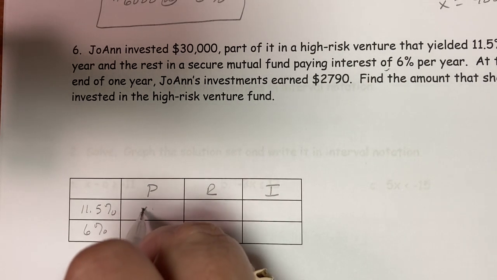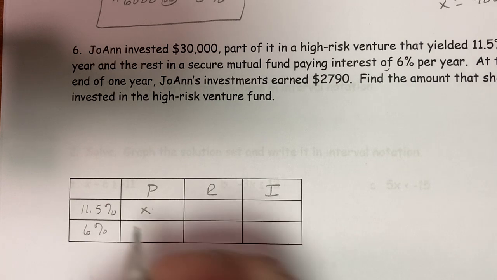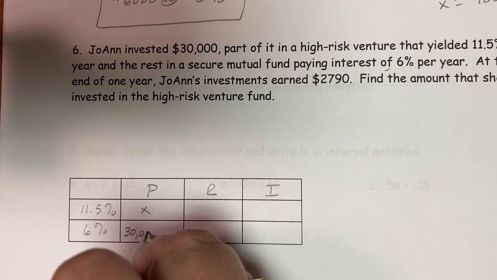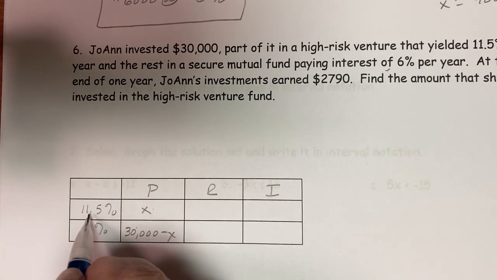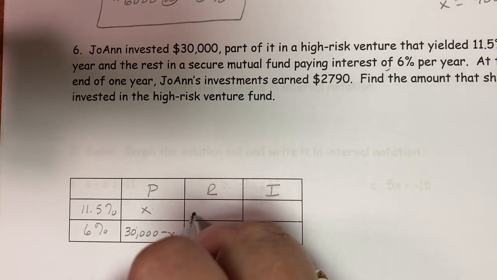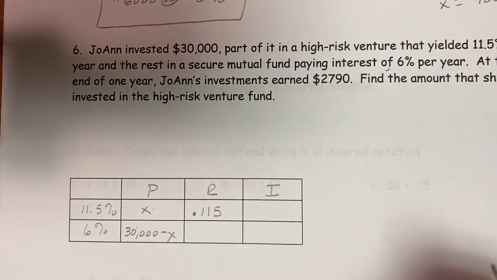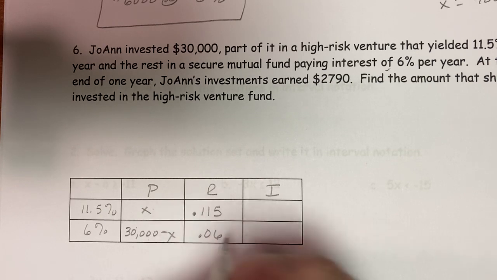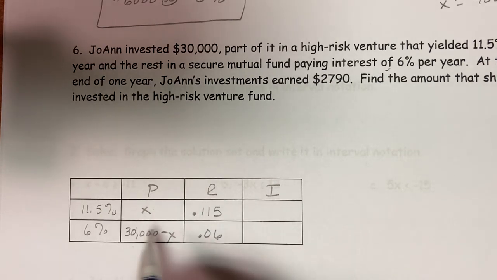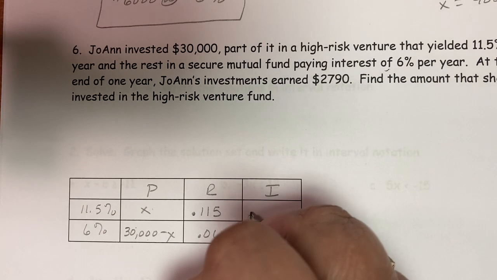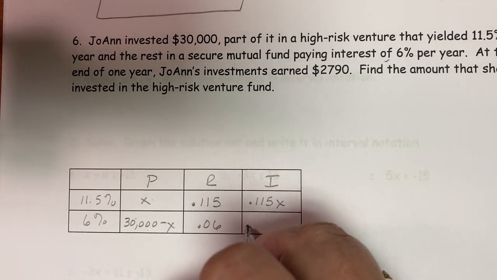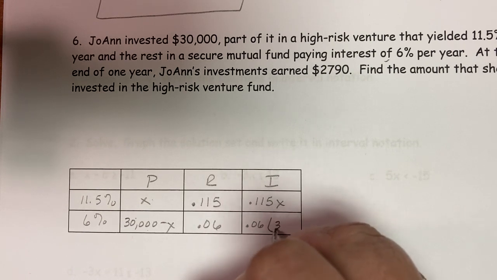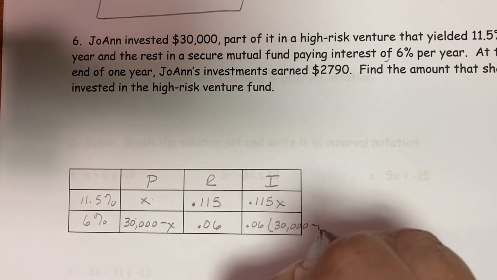So let's say she invested X at 11.5%, and then that total, $30,000 minus X at the 6%. For our rate, we need to move the decimal over 2 places. So the top one would be 0.115 and then 0.06. Principal times rate is equal to interest, so this would be 0.115x, and the bottom would be 0.06 times 30,000 minus x.